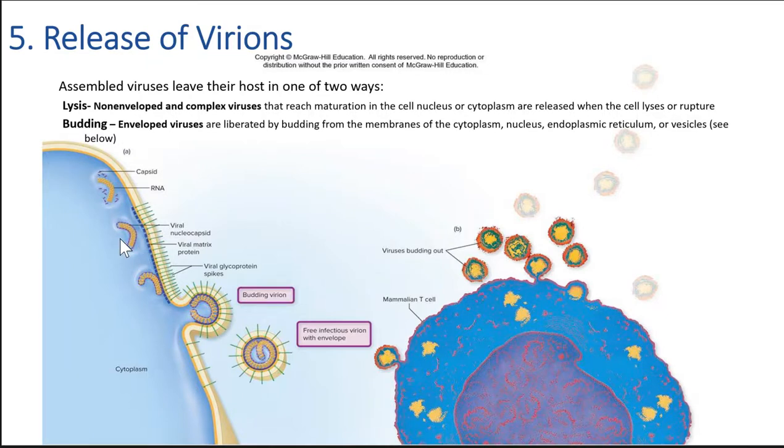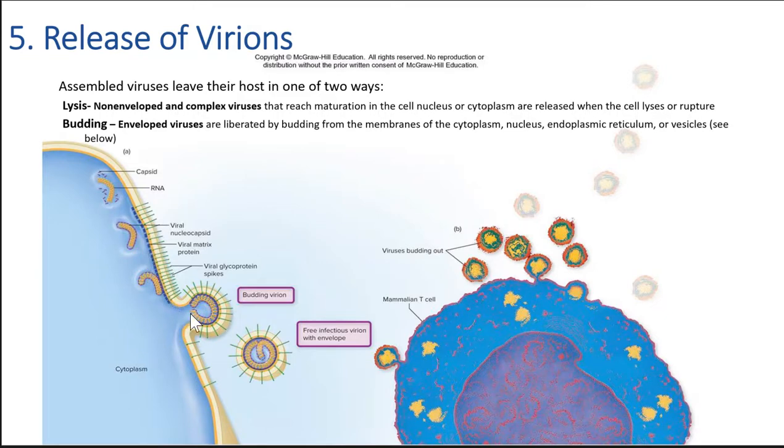It then moves to the cell membrane. The cell membrane had already been lined with viral matrix proteins. So during that synthesis stage, some of the proteins that were made were called matrix proteins, and they lined the cell membrane of this host cell. Other proteins were those glycoproteins that are called spikes, and they have already been inserted into that. The nucleocapsid binds to these viral matrix proteins.